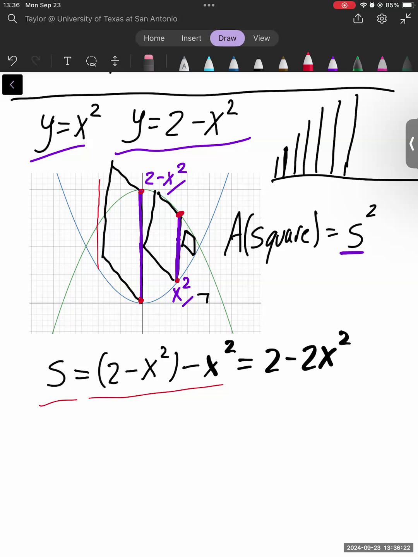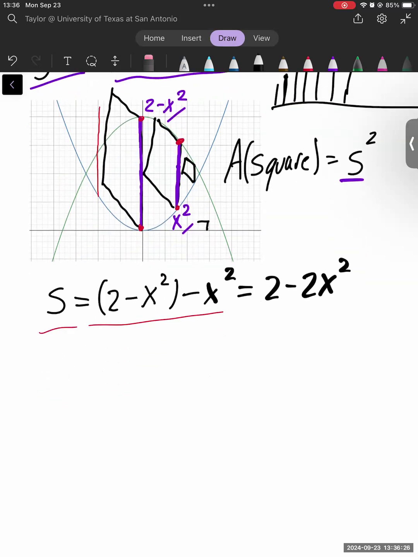Right, now we found area, right? So our area is given by side squared, which is 2 minus 2x squared, squared.